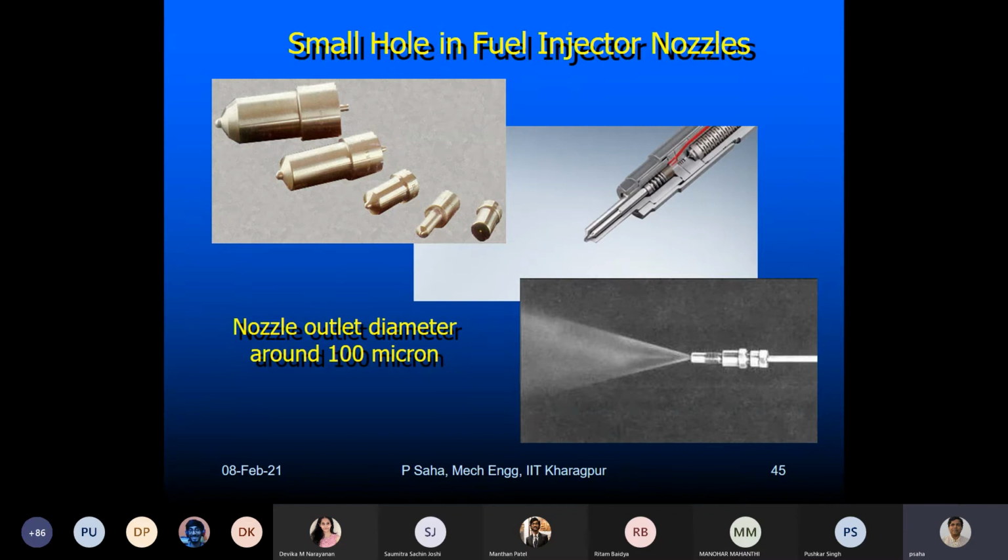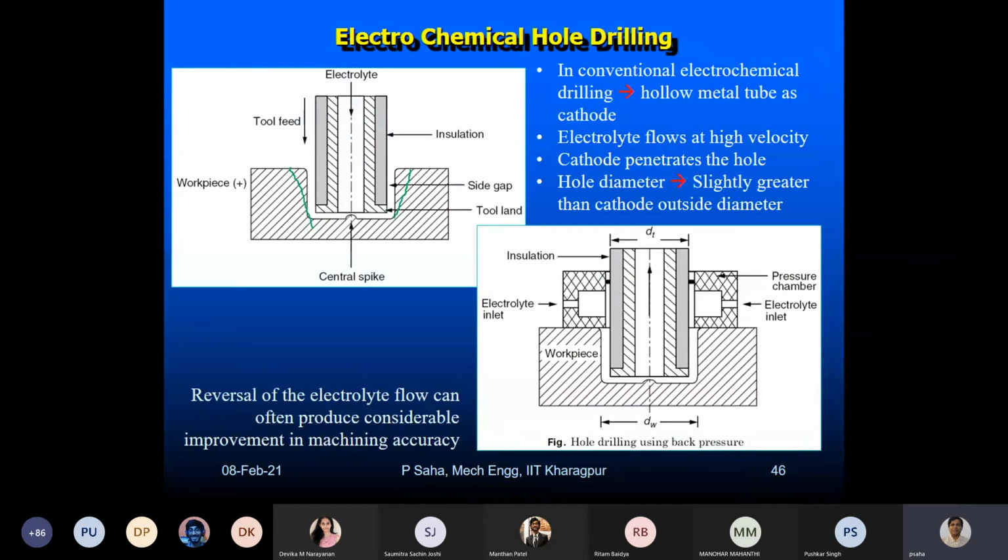So today we'll talk about how such small holes can be drilled by the ECM process. As we have already discussed during the design of tools for ECM, if you want to machine in conventional electrochemical drilling, what do you do? This is your tool.